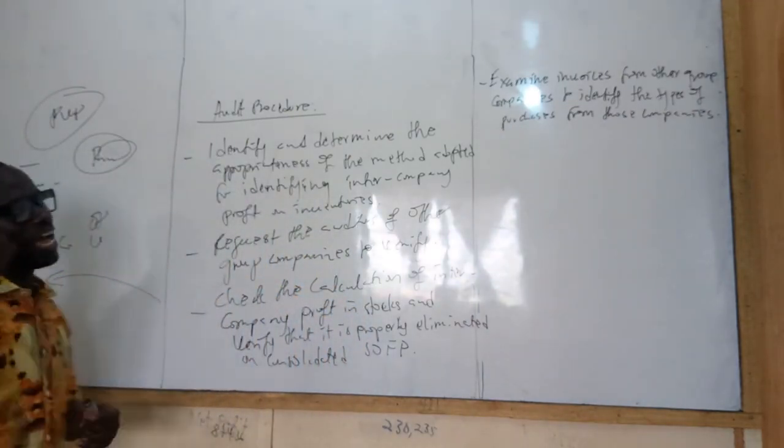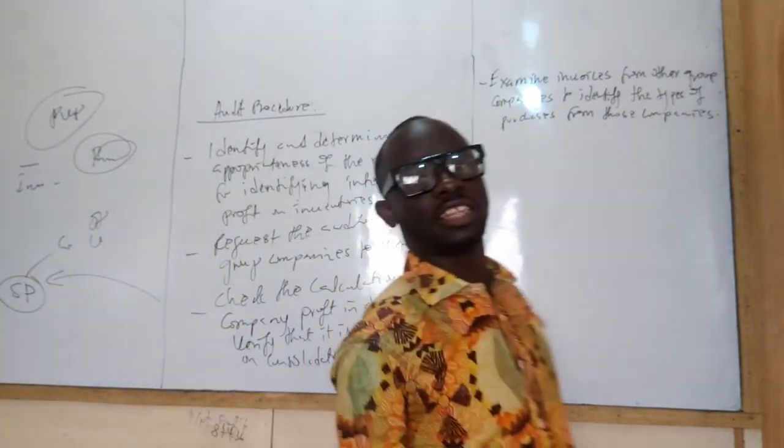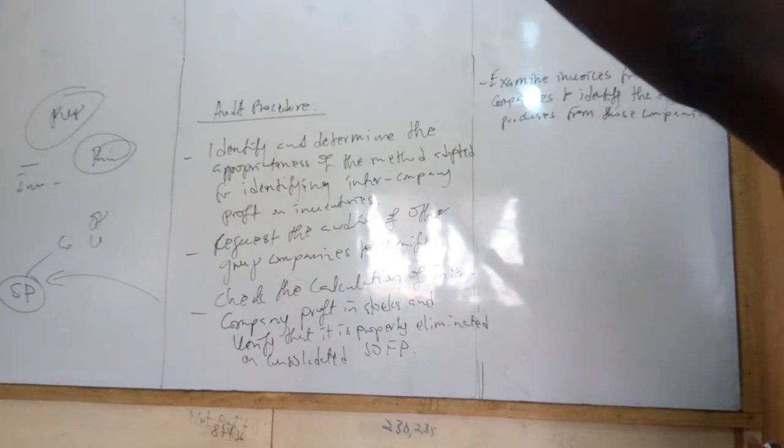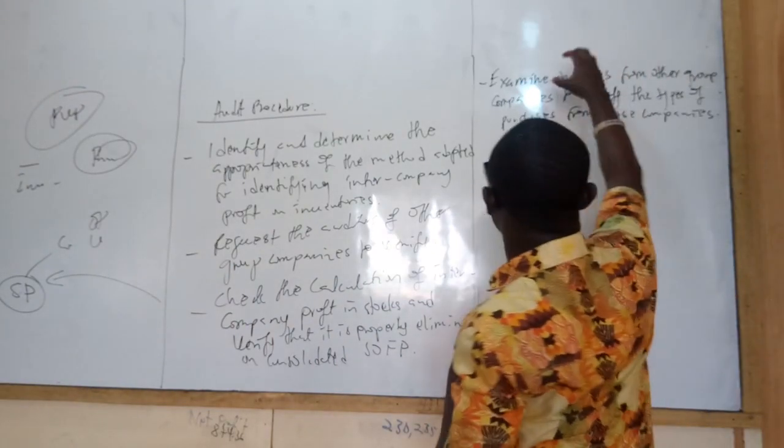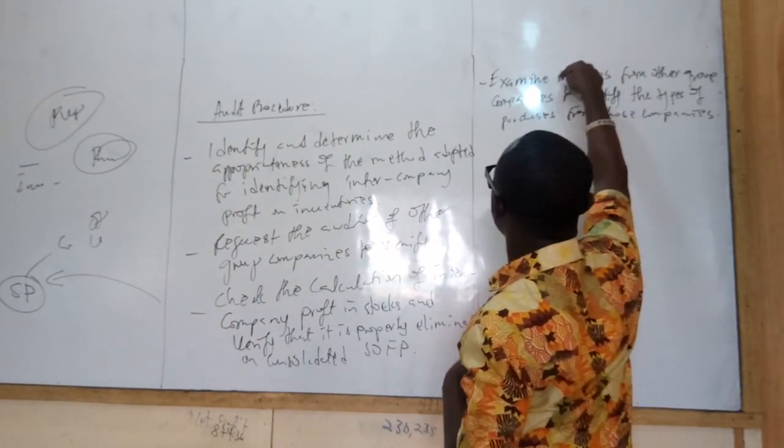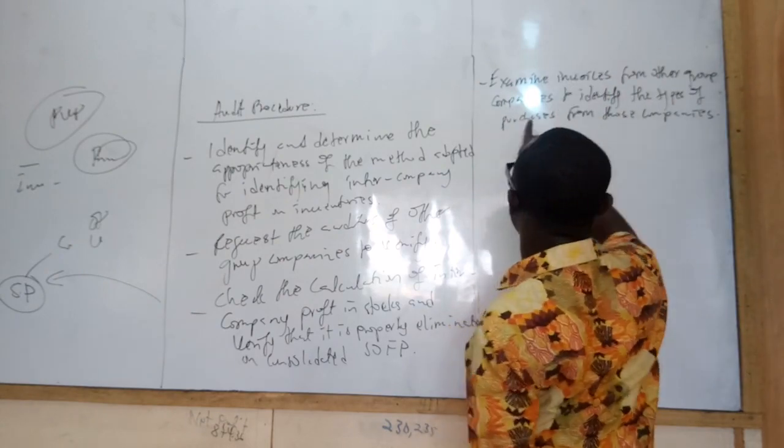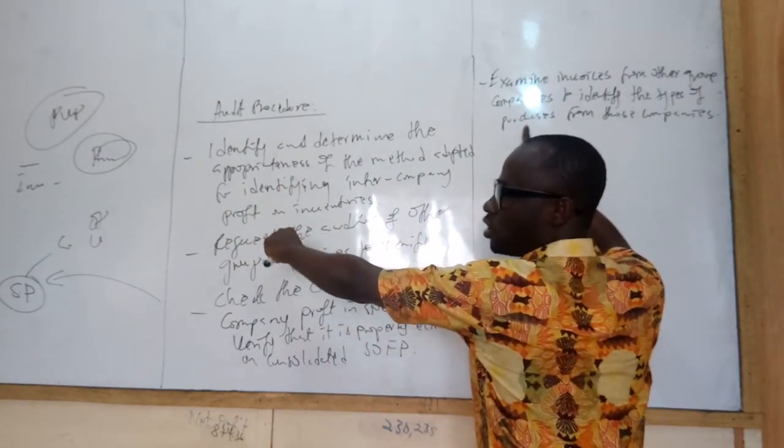So the other related parties or related companies or the subsidiaries in the company, we will examine some invoices from them to see whether they issued any invoice to the company we are auditing.